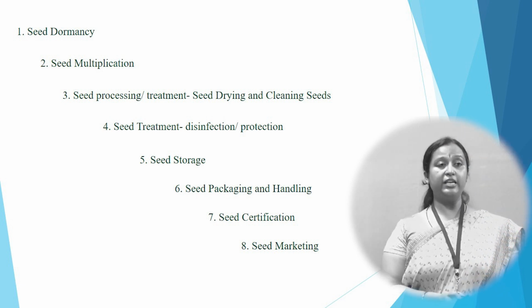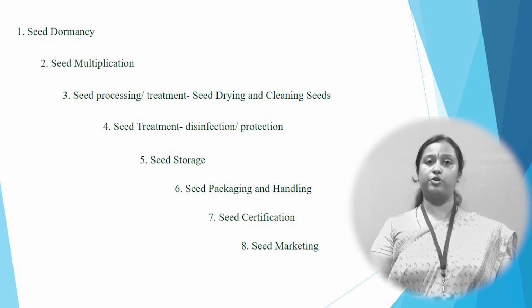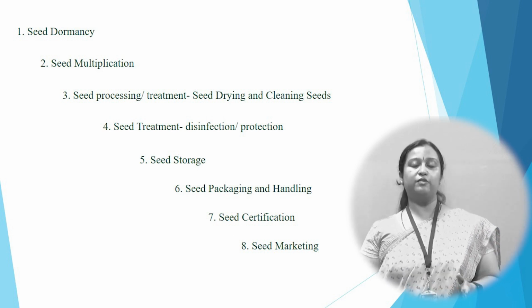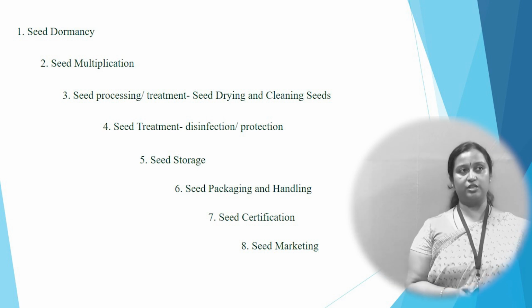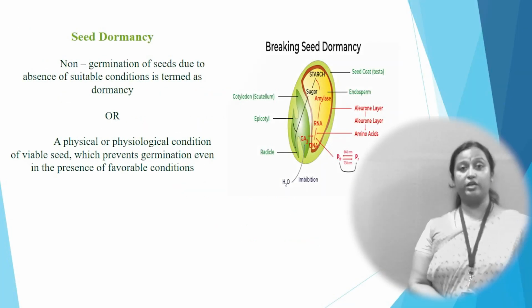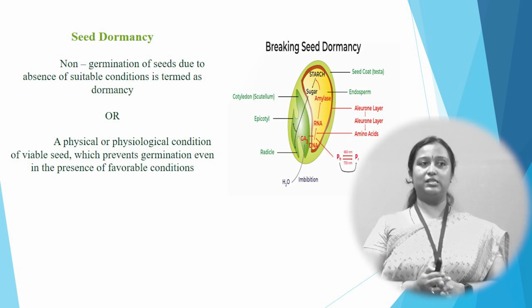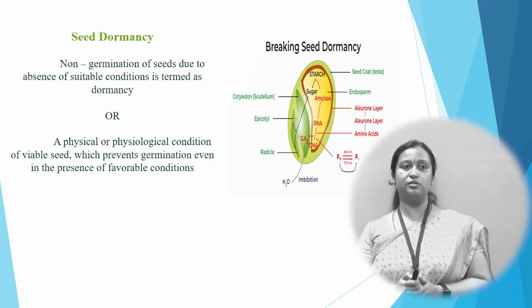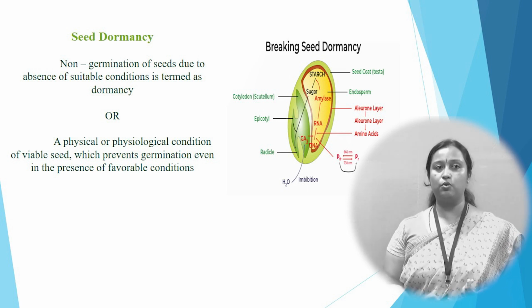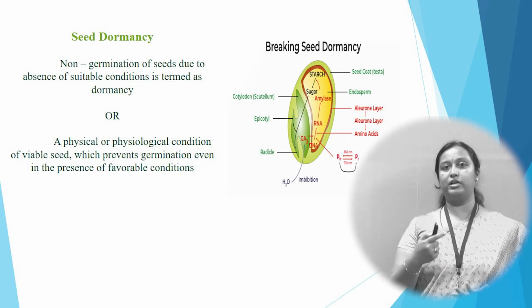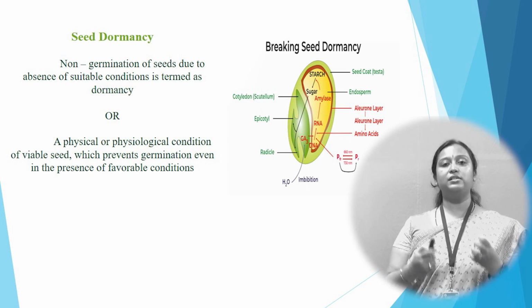These are the 8 mandatory steps in seed production techniques which have to be fulfilled for a variety to reach the market and to reach the consumers. First, we'll be talking about seed dormancy. All the seeds have common structures in them, for example, the seed coat, the internal aleurone layers, endosperm, embryo, and some storage material.